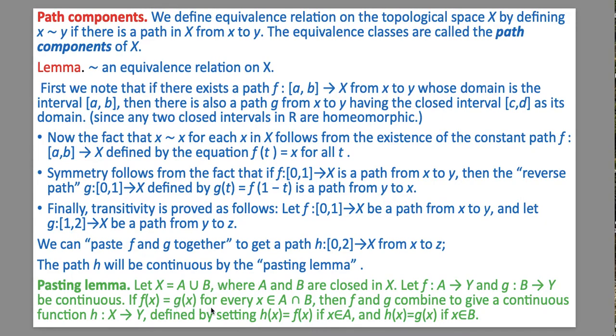If f(x) is equal to g(x) for all x belonging to A intersection B, then f and g combine to give a continuous function h from X to Y defined by setting h(x) equal to f(x) if x belongs to A and h(x) equal to g(x) if x belongs to B. So using this pasting lemma, we prove that this relation is also transitive. So we have shown reflexivity, symmetry, and transitivity. It means this relation is an equivalence relation on X.